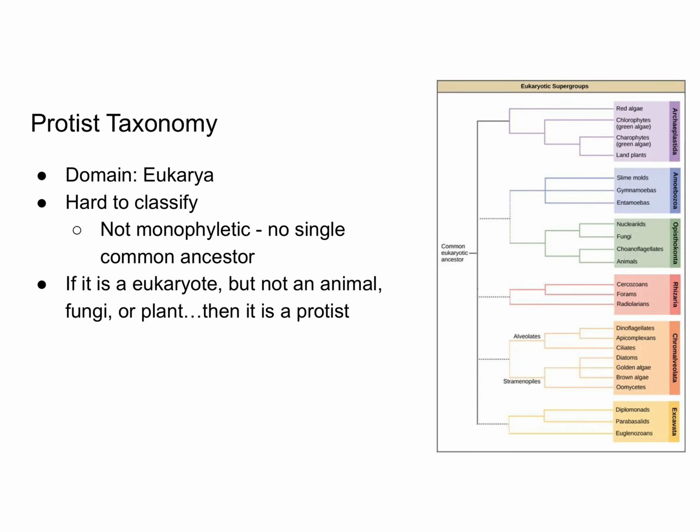Now let's talk a little bit more about how protists are classified before we talk about the different taxonomic divisions that are associated with protists. First of all, protists are eukaryotes. So they are in the domain Eukarya because they are made up of eukaryotic cells.